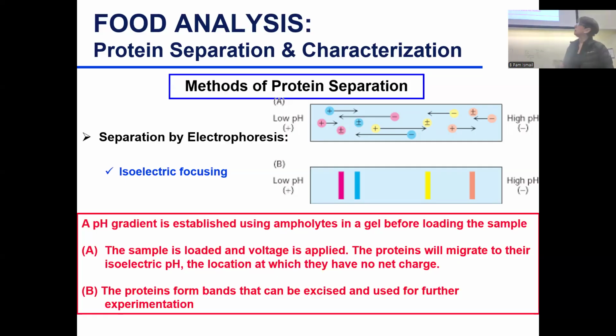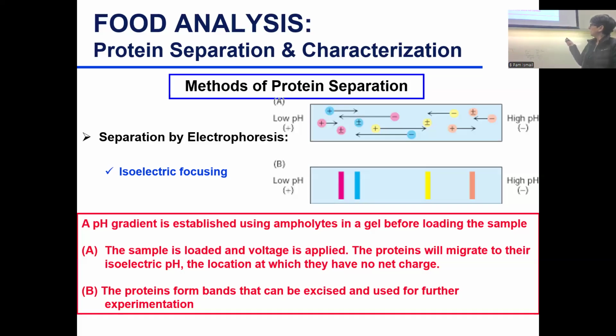So what happens here is you generate a gradient on a piece of acrylamide gel. The gradient is a pH gradient. So you load ampholytes, which are compounds with different charges. They carry different charges. And then you run a voltage, and then you will have a gradient of different pH range across that entire acrylamide gel.